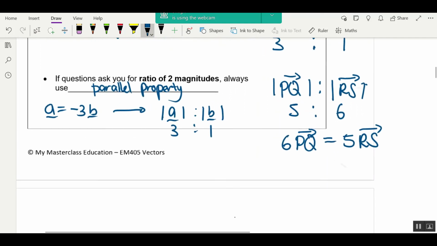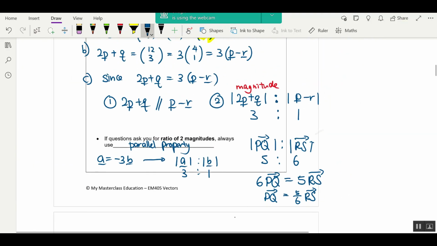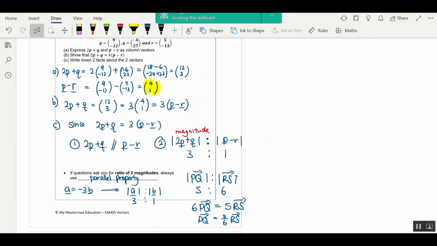Because PQ has 5 units, RS has 6 units. PQ is smaller than RS, so PQ needs to multiply by the bigger factor to be equals to RS. Okay, and you can even do operations like this. PQ is equals to 5/6 times of RS. This is also okay.